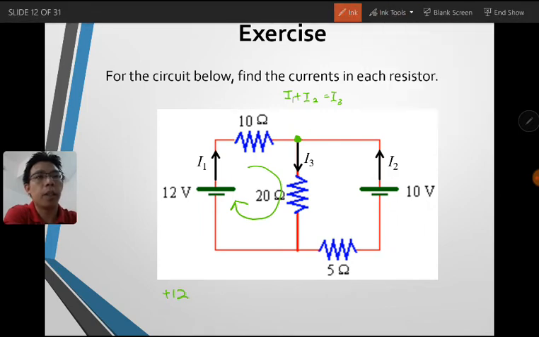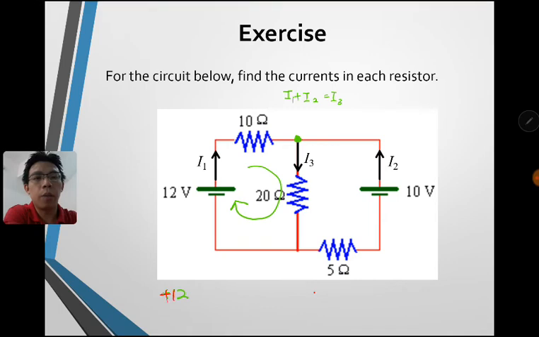So positive 12, and there's no other battery in the direction. Then we have the PD of I1 passing through the 10 ohm, and then we have the I3. These two both follow our assumed direction, so we can just write the positive value.